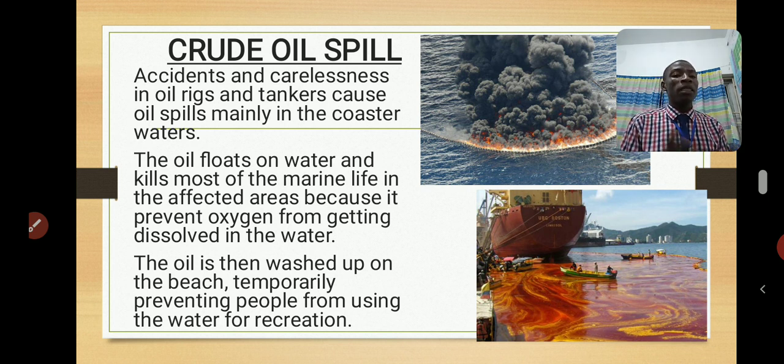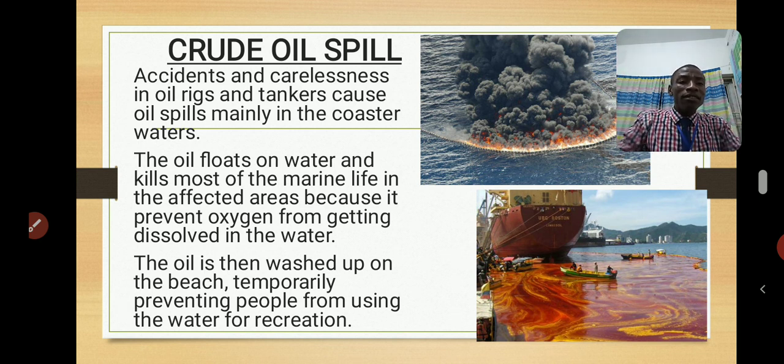into the sea. Now when this happens, any organism, any living thing that is under that area where there's water, where there's crude oil spill, all the organisms under will die. Do you know the reason? The reason is because that crude oil cannot allow oxygen to dissolve into the water.